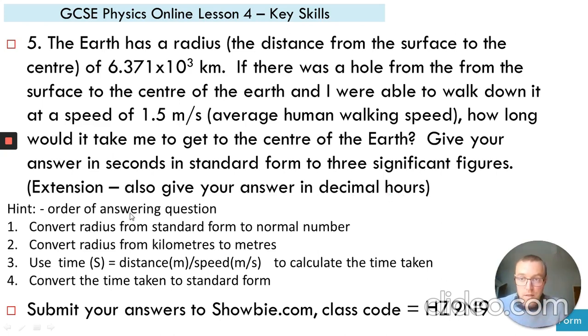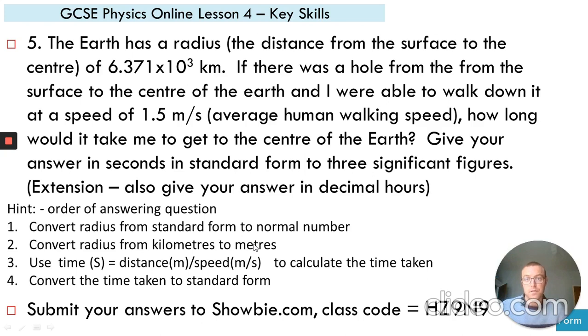Now again, how do we go about doing that? It's step by step. Okay, convert. I'm giving you so many clues here. Number 1, convert the radius from standard form to a normal number. So to convert 6.371 times 10 to the 3 to a normal number, from standard form to a number of kilometres. Then convert it from kilometres to meters.